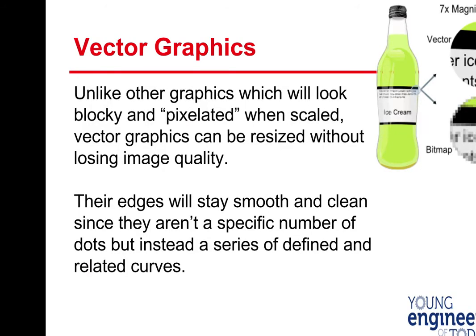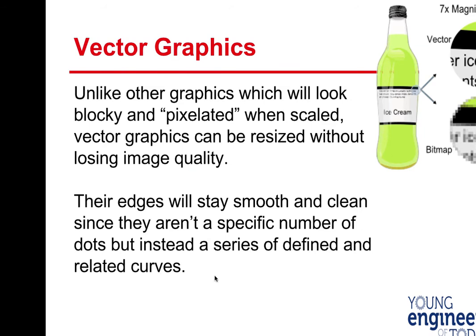Like I was saying before, if you take a raster graphic and resize it, you lose image quality. It looks pixelated. But a vector graphic stays smooth and clean, since it's not a specific number of dots but a series of defined and related curves.